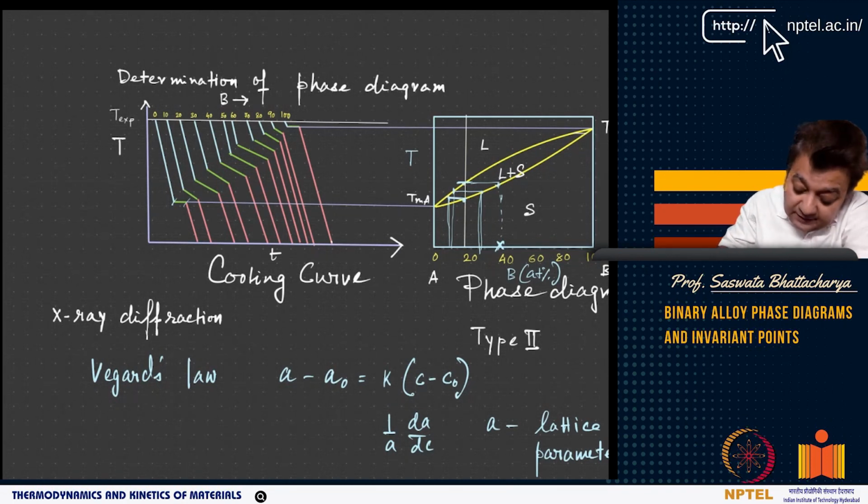As a result, you will get representative cooling curves, and this is for different compositions. In our case, this is the composition 0 atomic percent, and at 0 atomic percent you get a horizontal line. This horizontal line represents the freezing or melting temperature, right? This is where the latent heat is given up. The latent heat is evolving, which raises the temperature.